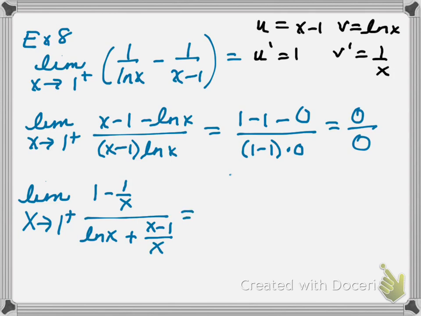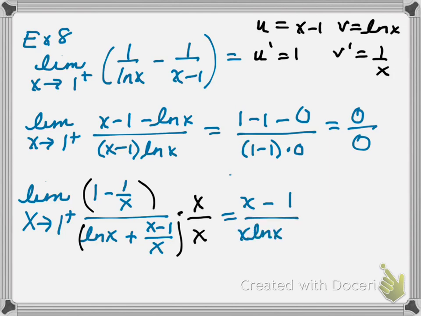Well, probably want to multiply both numerator and denominator by an x so that you can get rid of that fraction within a fraction. So if I take numerator and denominator times an x, I'm going to end up with x minus 1 over x ln x plus x minus 1. And so now we'll try substituting in again.